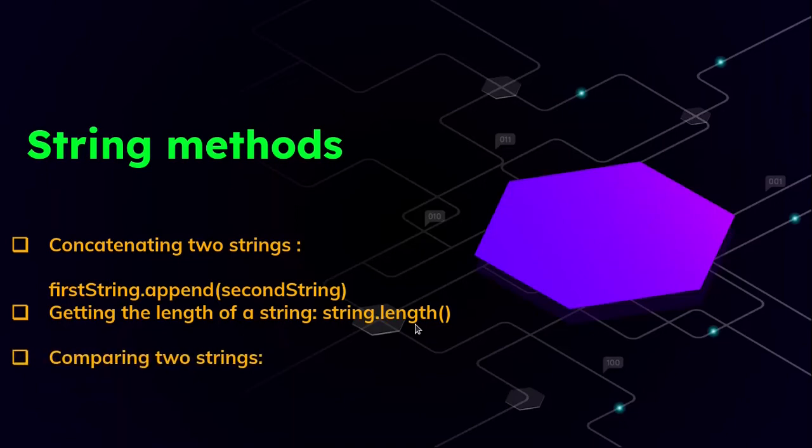Now let's discuss the last one, which is going to be comparing two strings. So we want to compare strings to see if they are equal or not. And I know this might be a bit challenging for one to actually understand as to how does the program actually know that these two strings are the same.